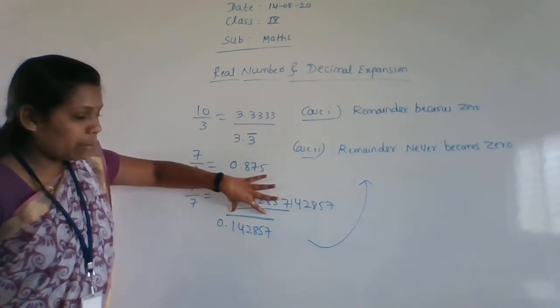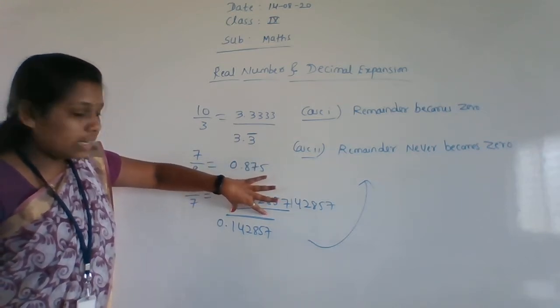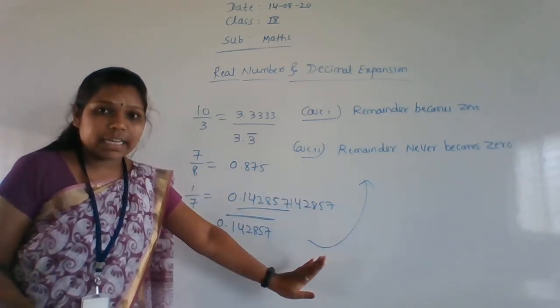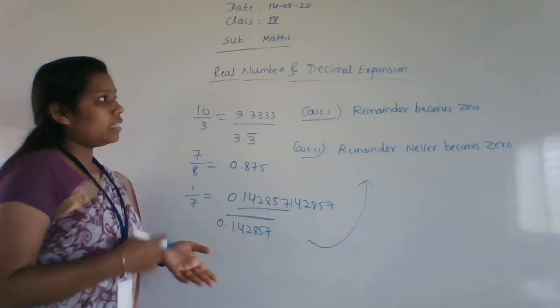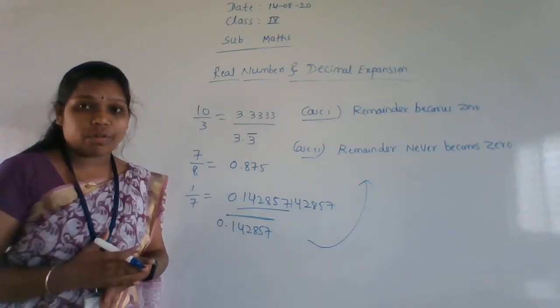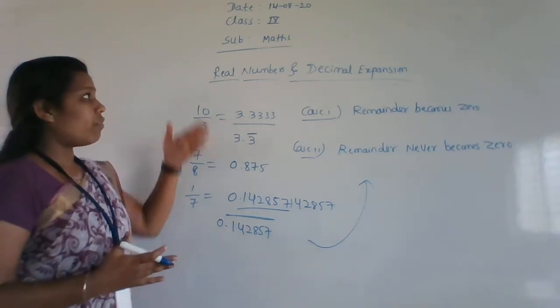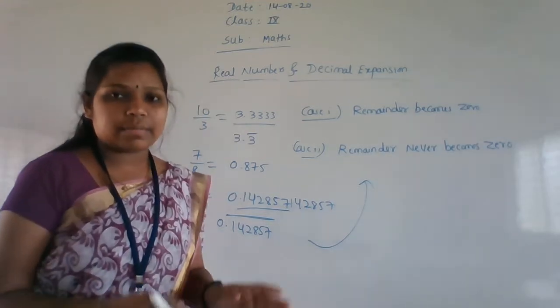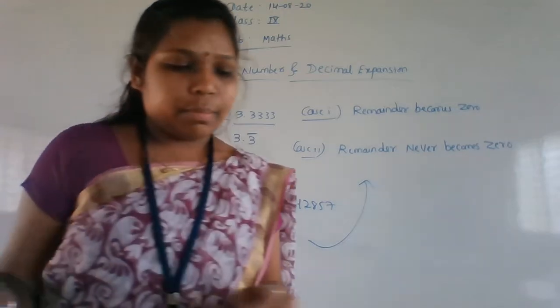Getting everyone? So this is called the decimal expansion of a number, the decimal expansion of real numbers. Real numbers are nothing but rational numbers as well as irrational numbers.